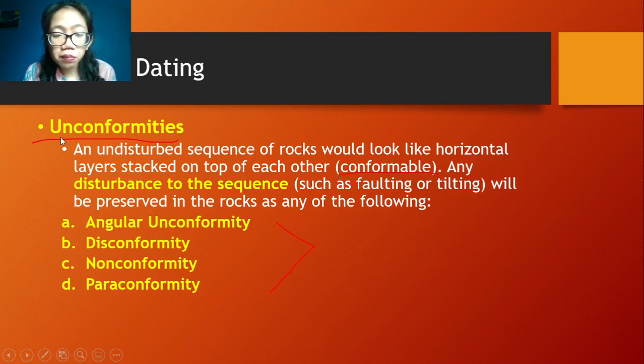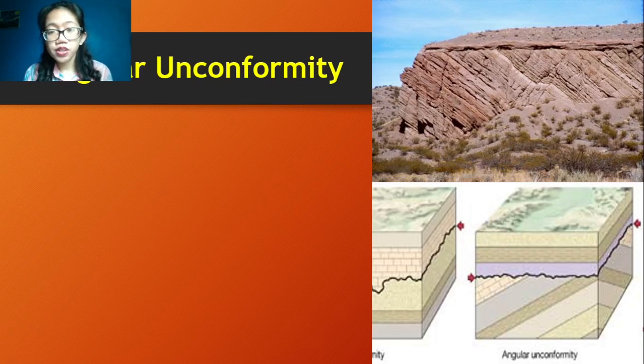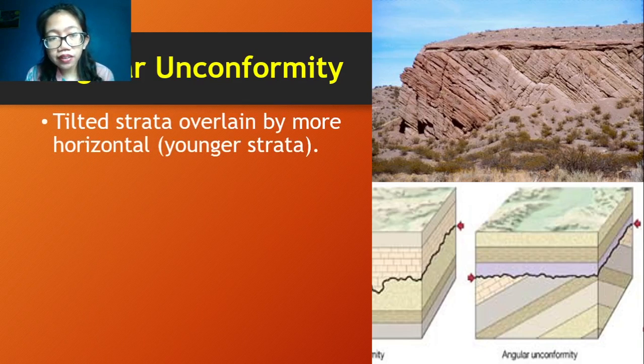For unconformities, we have four different descriptions: angular unconformity, disconformity, nonconformity, and paraconformity. For angular unconformity, it's very easy to identify because it's tilted strata overlain by more horizontal younger strata.